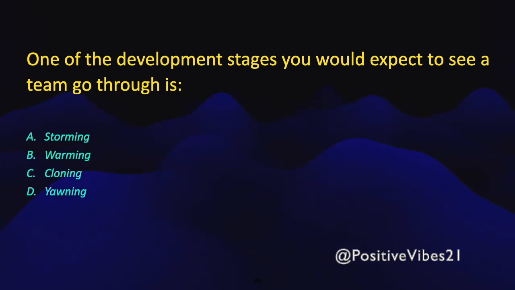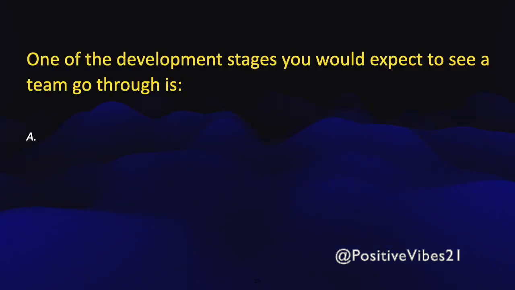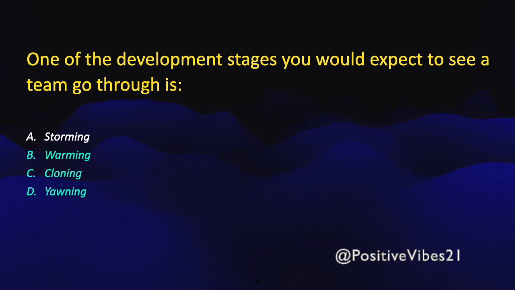So what is the stage you would expect to see a team go through out of these options: storming, warming, cloning, yawning. Obviously only one is correct, which is, I guess, the first one, storming, right? There could be some conflicts, some misunderstandings. So storming can be one of the stages. The rest are not even valid answers.